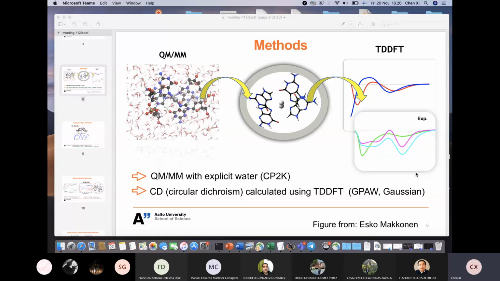Many applications are actually related to this fluorescence, because if you want to have some bioimaging application, you need to increase the visibility of, for example, a tumor or some virus.